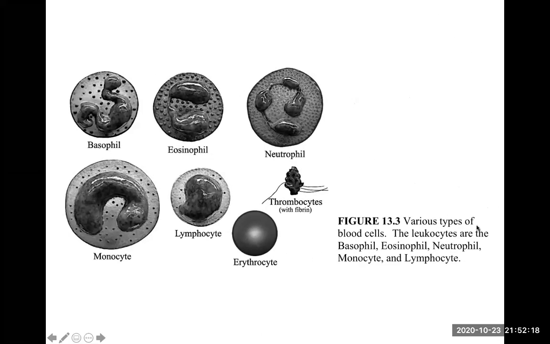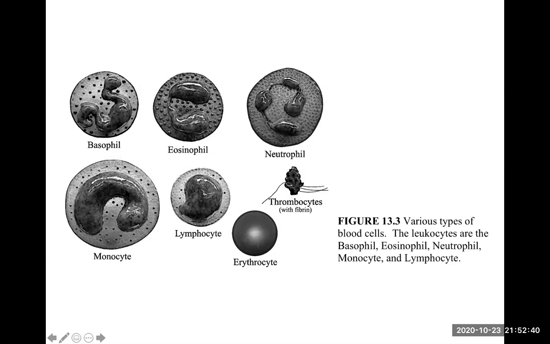So this is what the 5 different types of leukocytes look like. The basophil has this multi-lobed structure. An eosinophil has a bilobed structure. The neutrophil has a multi-lobed structure as well. And these are the 3 different types of granulocytes. Then monocytes and lymphocytes are shown here.